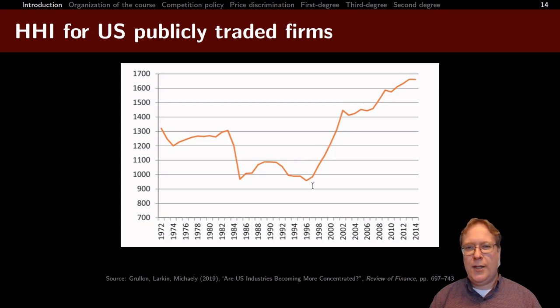So those increasing markups indeed are consistent with an increase in market concentration, also according to this measure. So the numbers here are the Hirschman-Herfindahl index. So I argued that it would be between 0 and 1, but what we usually do is multiply it by 10,000. So that gives rise to these kinds of numbers.